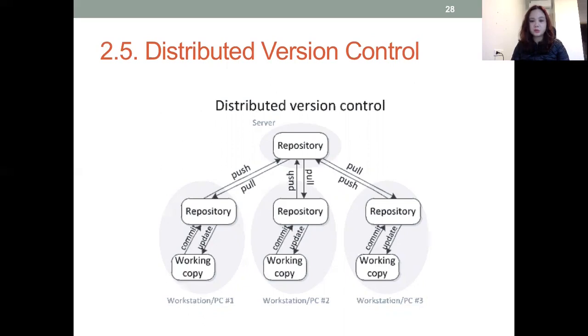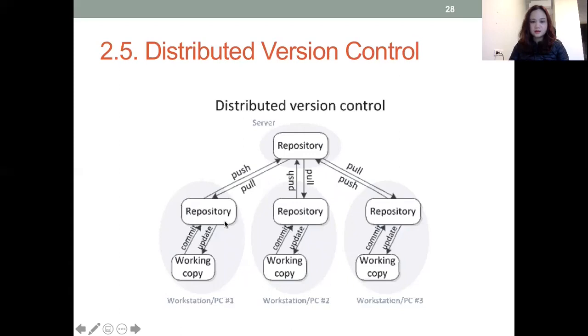So in the distributed version control, you can see here, there are multiple repositories. We have only one remote repository that is a common repository for all the members. However, in each workstation of each member, they will have a local repository here. And in the working copy of each member, they can commit or update to the local repository like this.